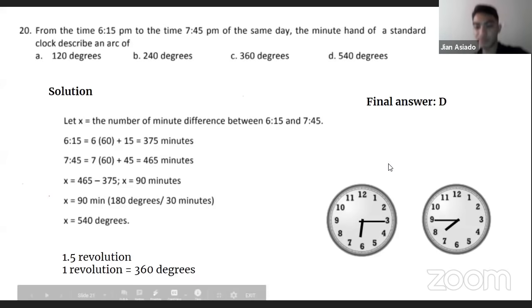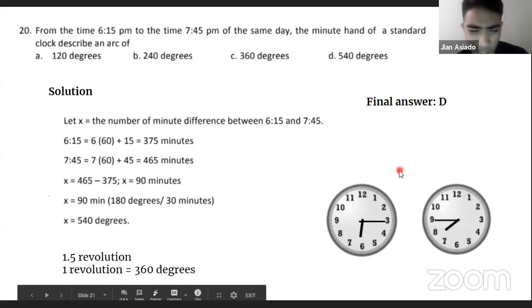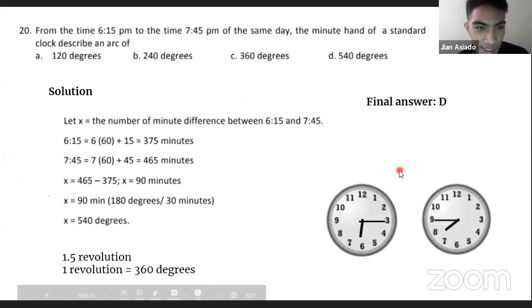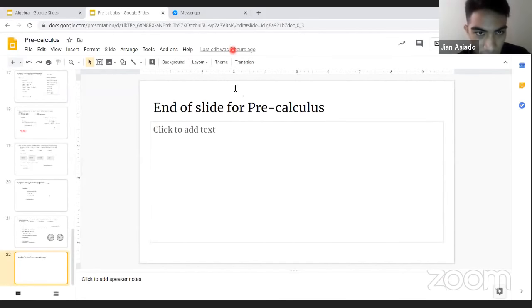Yep. I think that's it na, para sa pre-calc. Well, I hope you learned something about this whole session. Ayun, yun lang, Kyle. Do we have questions? Okay, so balik tayo sa questions. For pre-calculus.